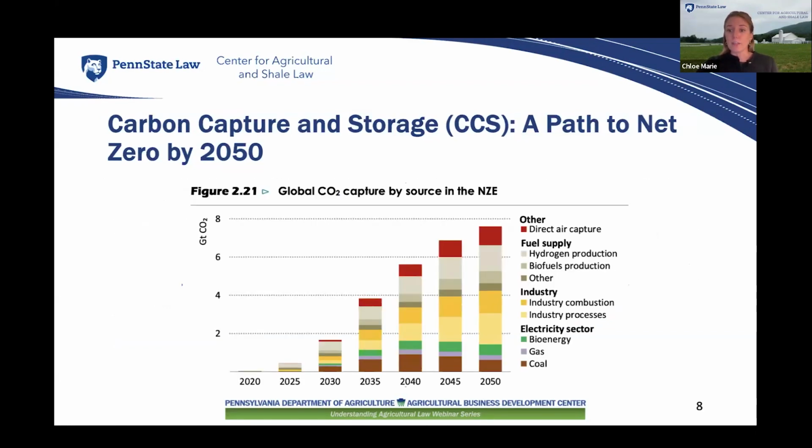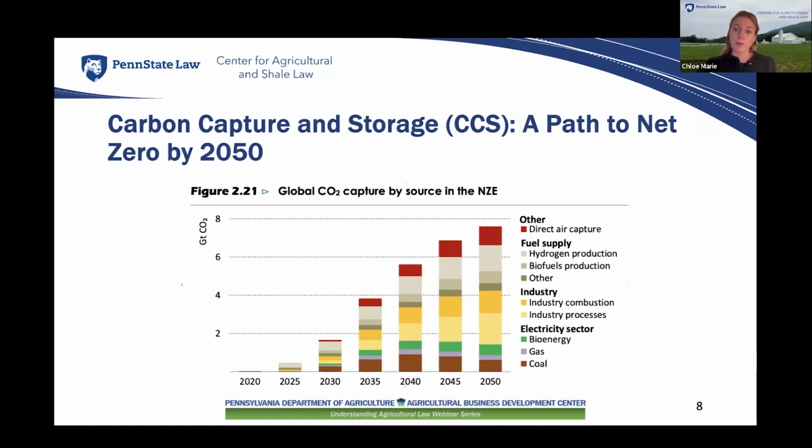This graph shows the global capture of CO2 by source in the International Energy Agency net zero emissions scenario from 2020 to 2050. The total amount of CO2 captured increases significantly, rising from almost zero in 2020 to about 8 gigatons by 2050.